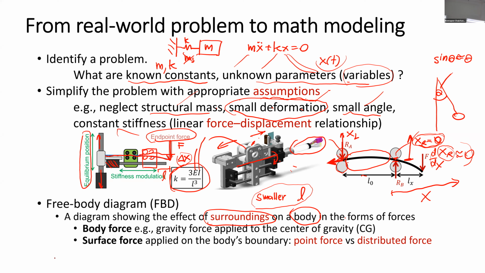For example, you have the spring and the mass, and you draw the free body diagram of the mass. You are not going to draw the spring anymore, but the effect of the surroundings needs to be represented in the form of force. The force by the spring instead.